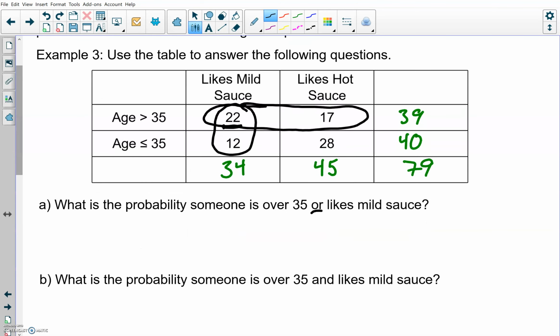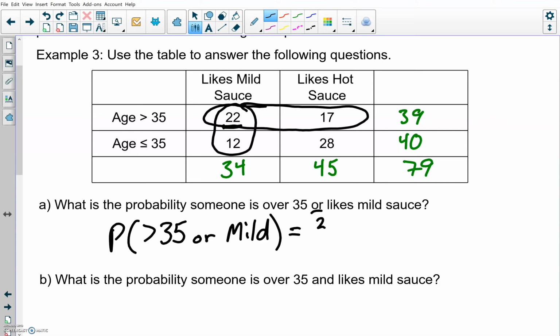So what I'm going to do here is say, okay, the probability of being over 35 or mild is going to be equal to, you just add all the numbers that satisfy either over 35 or likes mild without double counting the overlap. So I'll do 22 plus 17 and then plus 12, those three numbers I circled.